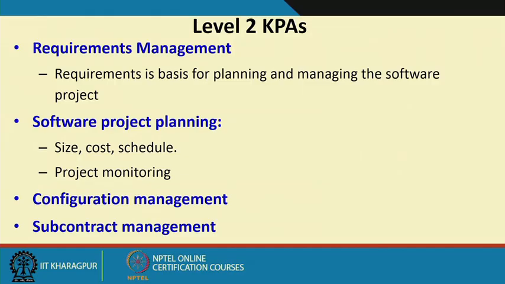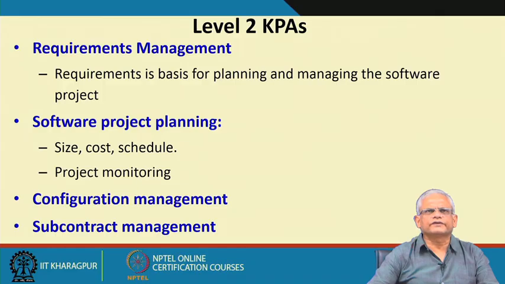Only the authorized persons can change it, and also it would be possible to identify the latest version of the document easily, and also it will be possible to go back to a previous version. And subcontract management.